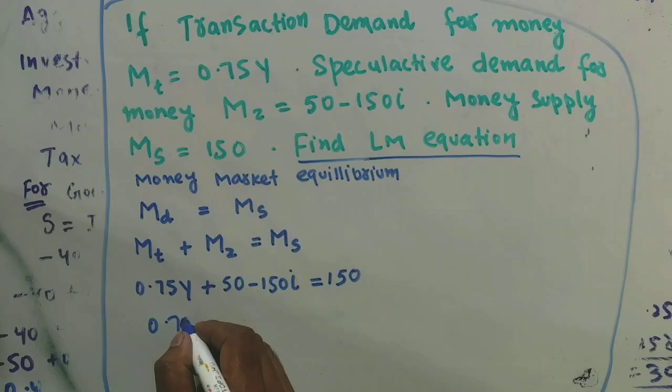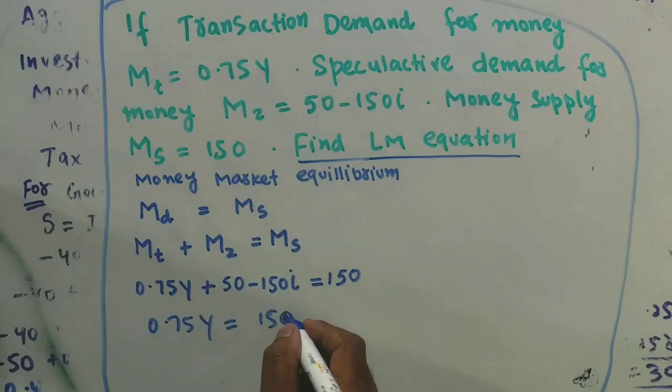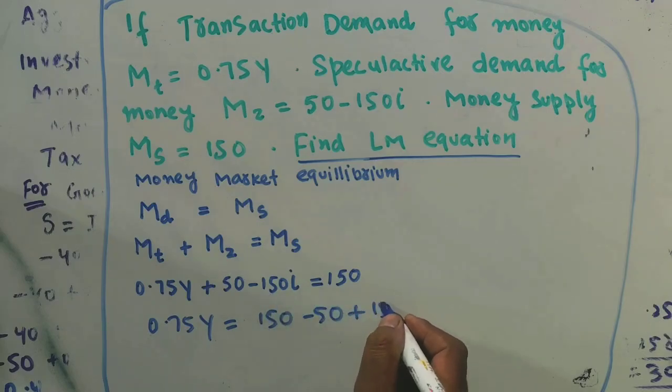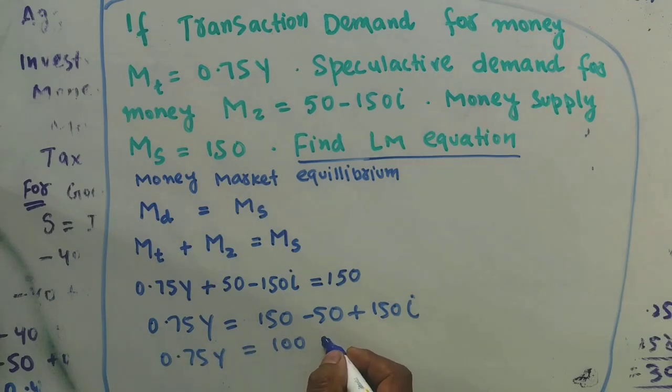So we have 0.75y plus 50 minus 150I is equal to 150. Transpose this here, it becomes negative 50, it becomes positive 150I. Or 0.75y is equal to 100 plus 150I.